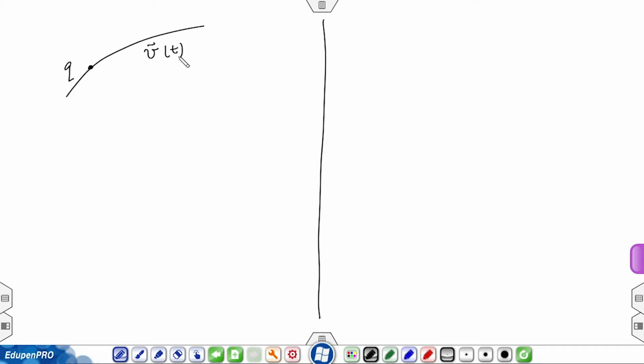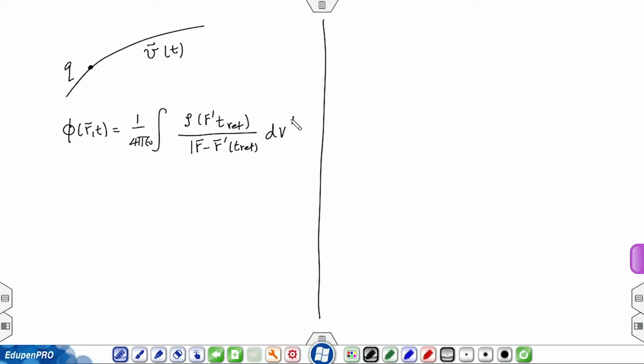What we want to do is apply our formula that the scalar potential phi r t is given as integral 1 over 4 pi epsilon 0 rho r prime t retarded over modulus r minus r prime t retarded d v prime.